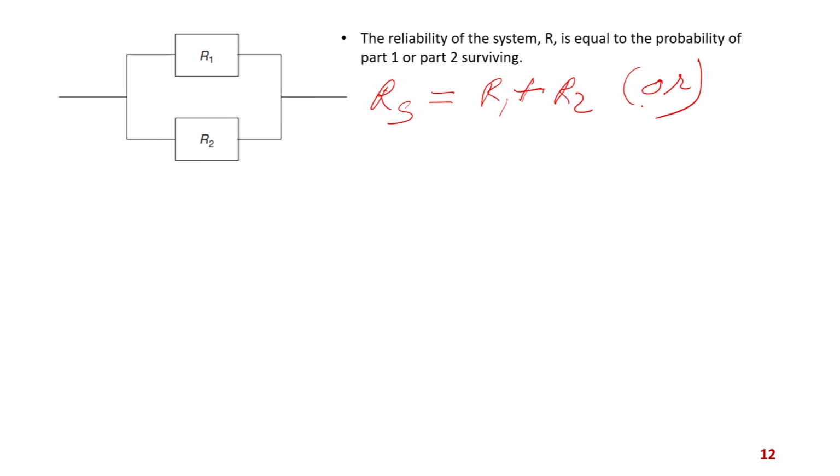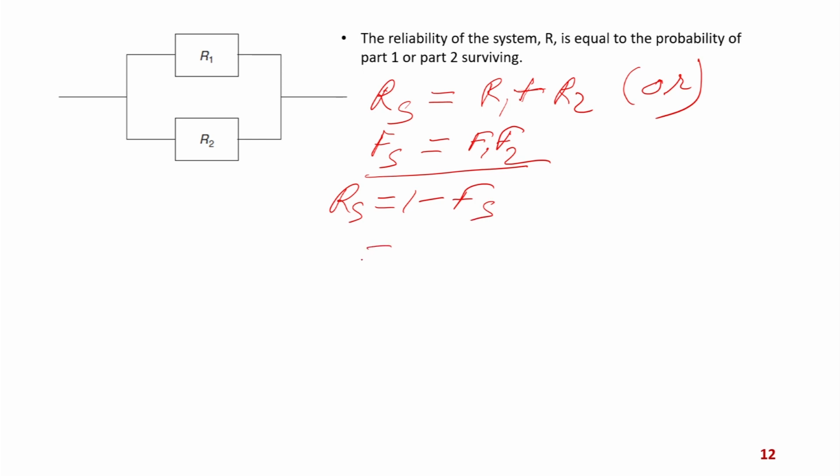The previous case, when it was in series, was an AND case, but here it is an OR case. Or I can write in terms of system failure: F s is F 1 into F 2, meaning the system will fail when both F 1 and F 2 fail. Okay. So, I can write both ways. If I write F s, then R s will be equal to 1 minus F s.